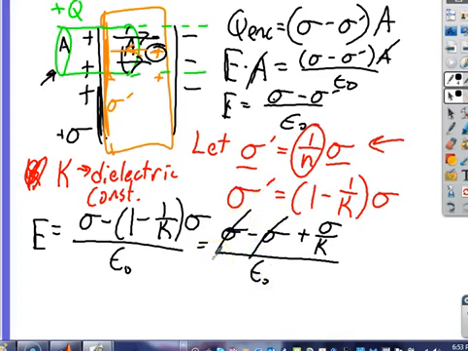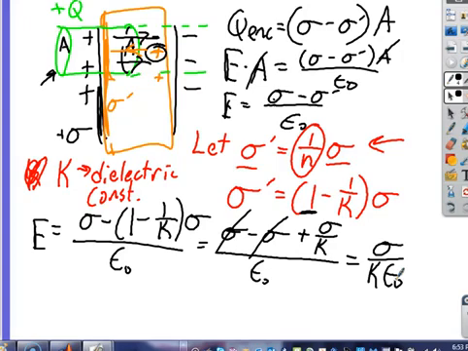So that hopefully explains my motivation for describing it in this way, that I can just get rid of a sigma. And that leaves me with, if I do a little bit of simplification, kappa times epsilon naught in my denominator. So my electric field, instead of being sigma over epsilon naught, it's sigma over kappa times epsilon naught.